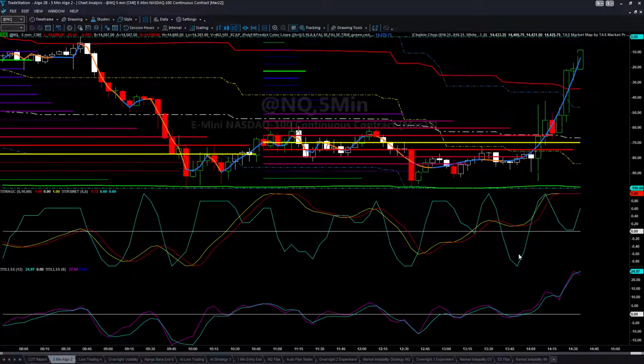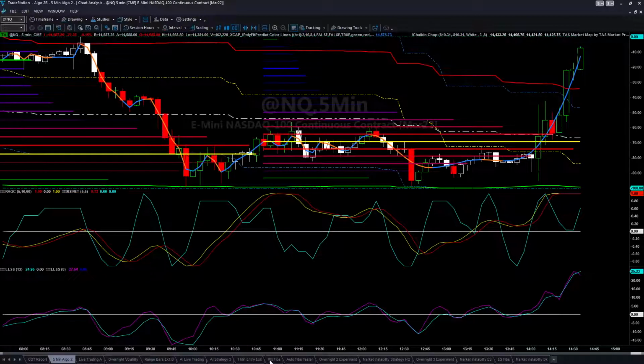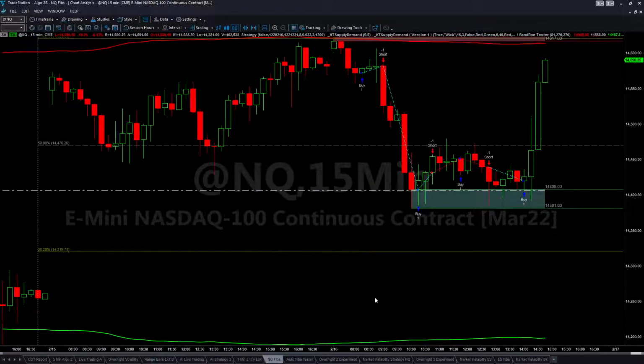What happened with the Fibonacci's? Let me just take a look since I do have time. Wow. Yeah, even if this ends up hitting this, that's the end as well of the trade.